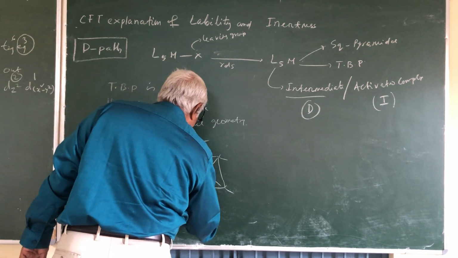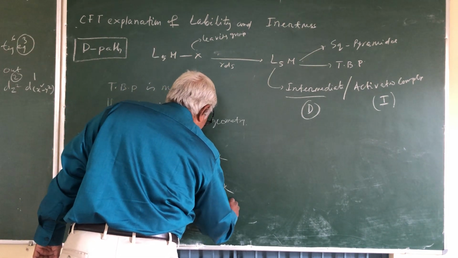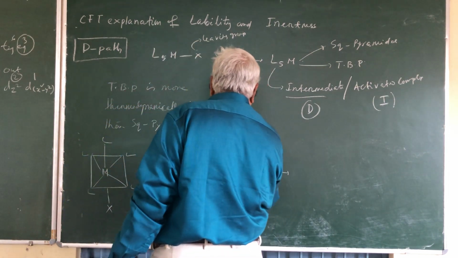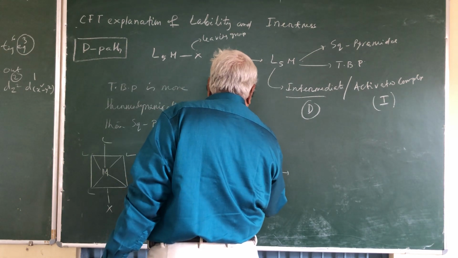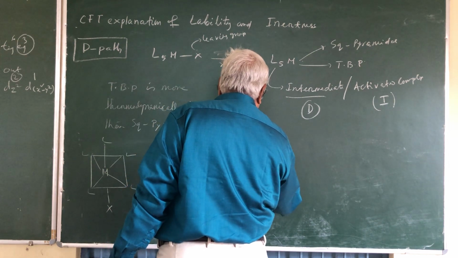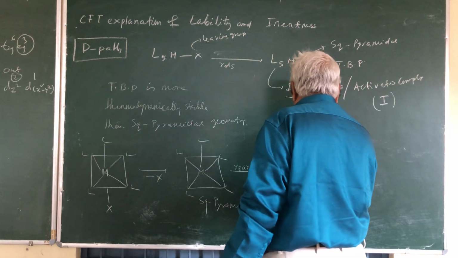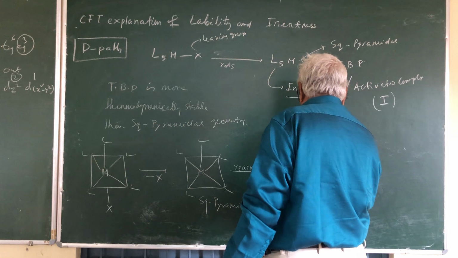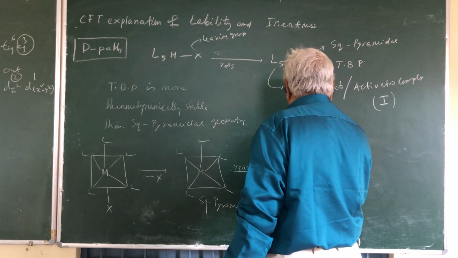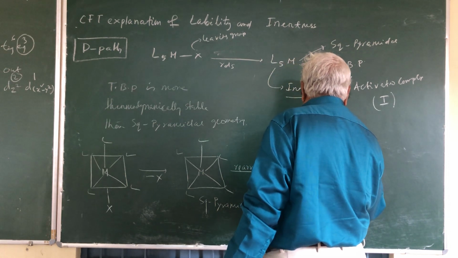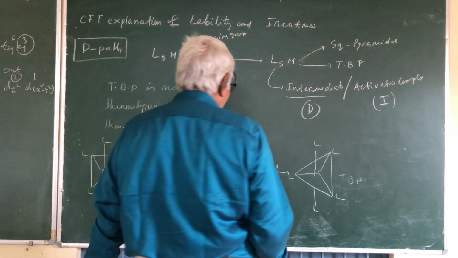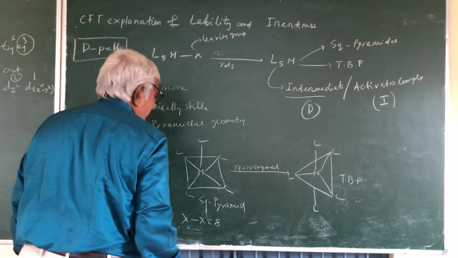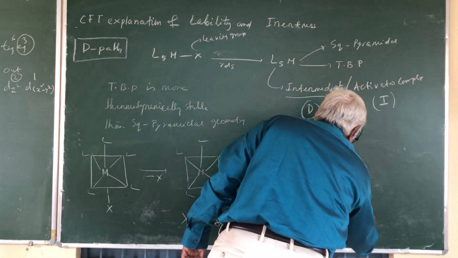This may rearrange to produce trigonal bipyramid. So here, bond pair repulsion will be 8. Here, bond pair repulsion is 6.